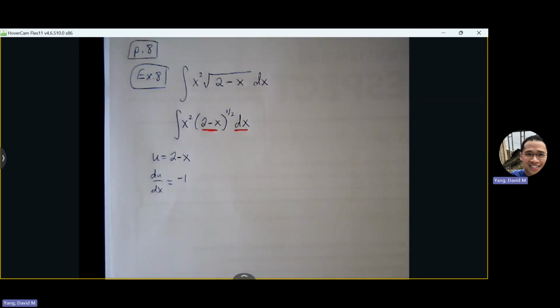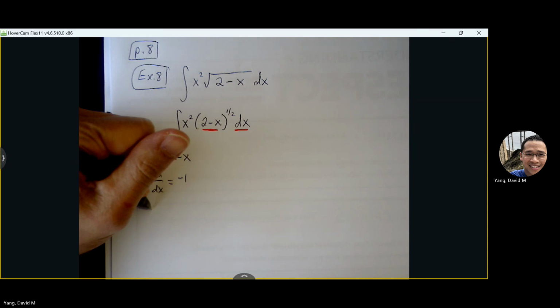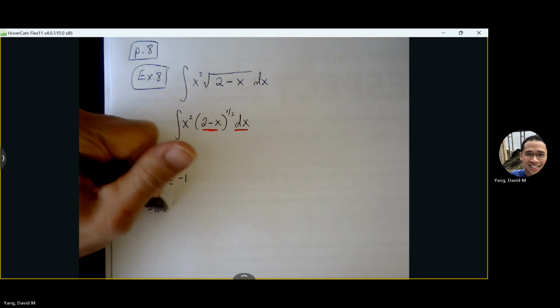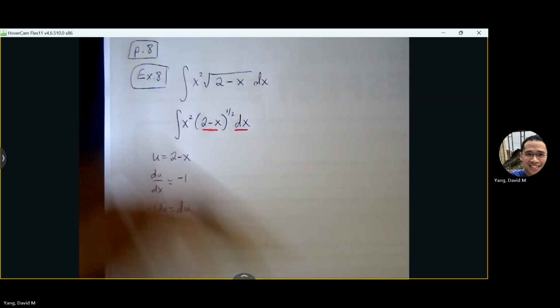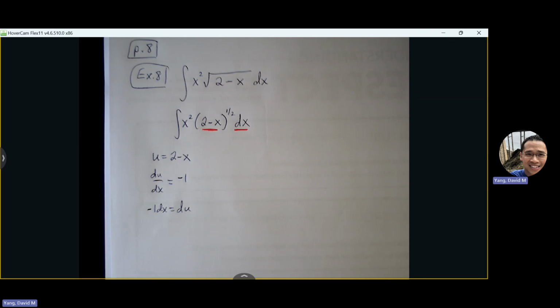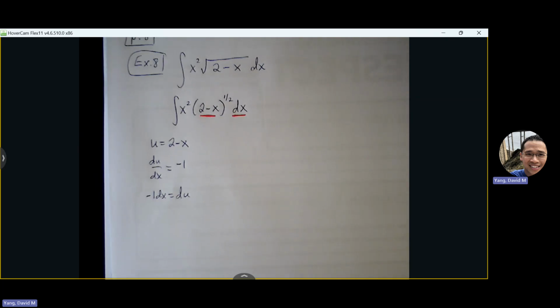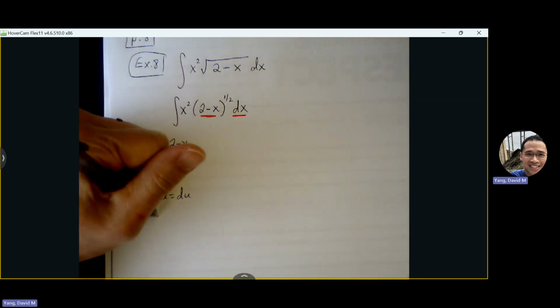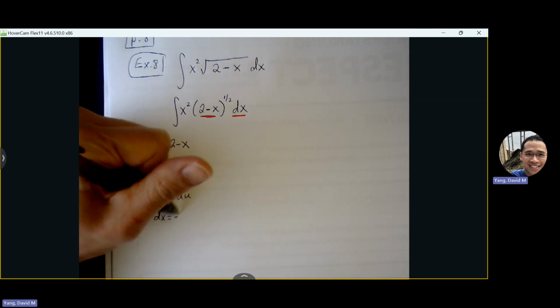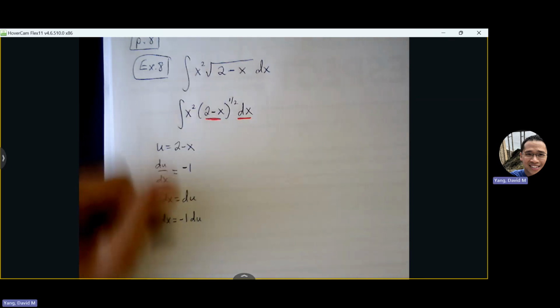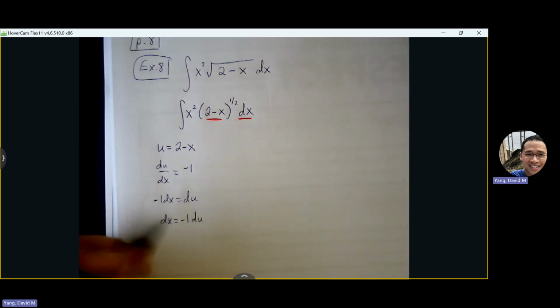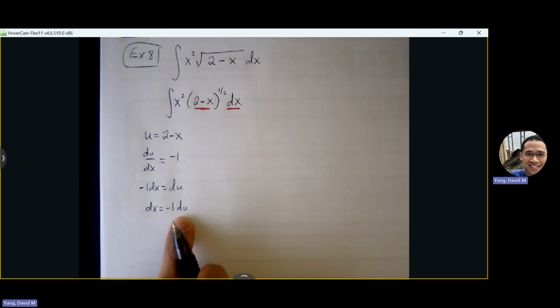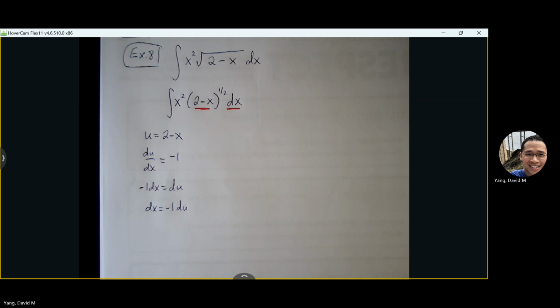Cross multiply. Solve for dx. If I divide both sides by -1, that's the same thing as multiplying by -1. So dx equals -1 du. Right? I can say du over -1, but it's just a little bit cleaner to just write it as -1 du. Dividing it by -1 is the same thing as multiplying by -1.